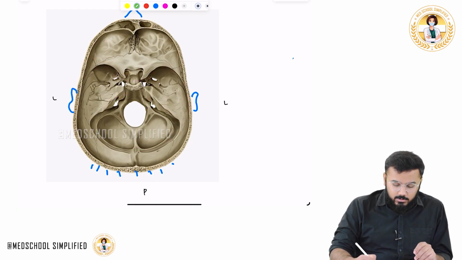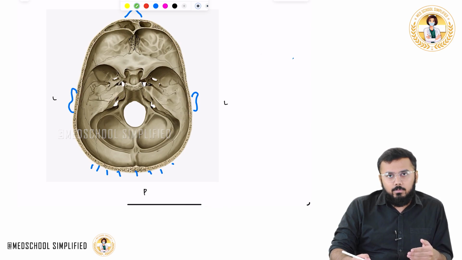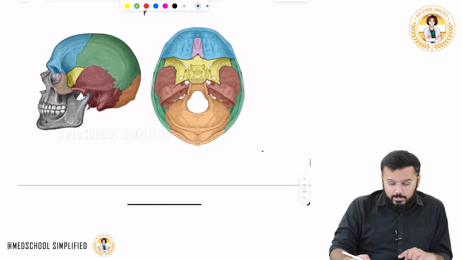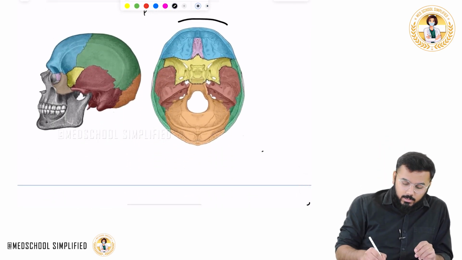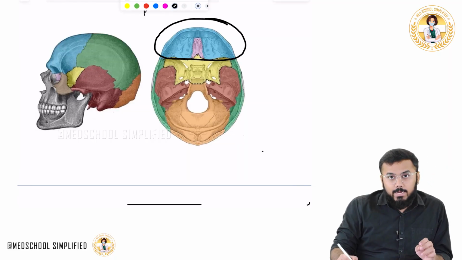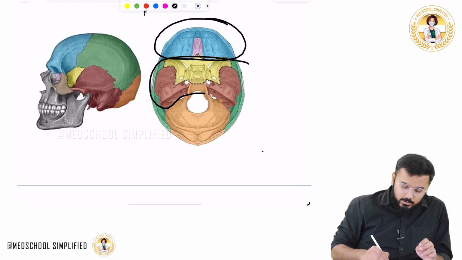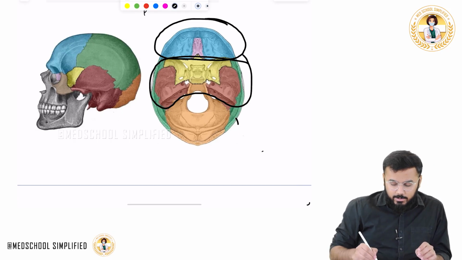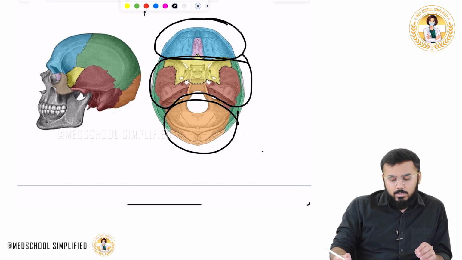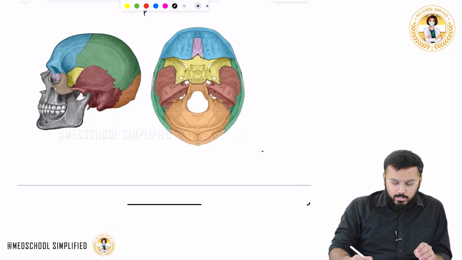So how many cranial fossas do we have? Anterior, middle, and posterior. Now look at this picture, it will be much clearer. This entire part is your anterior cranial fossa, this part is your middle cranial fossa, and this part is your posterior cranial fossa. So there are three important cranial fossas.